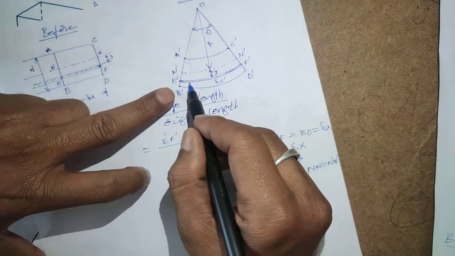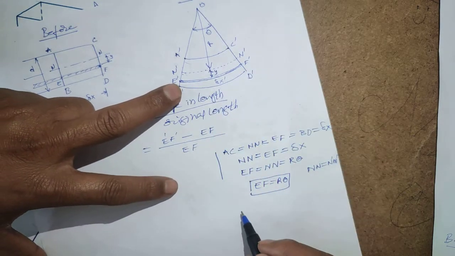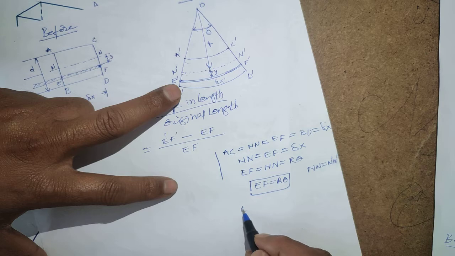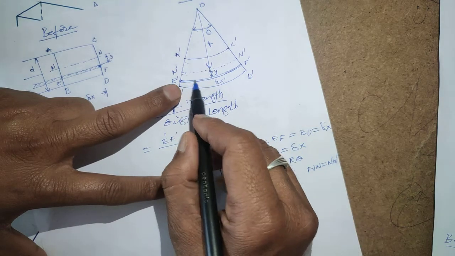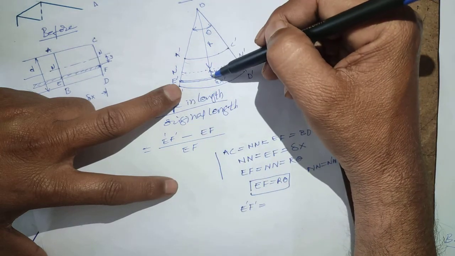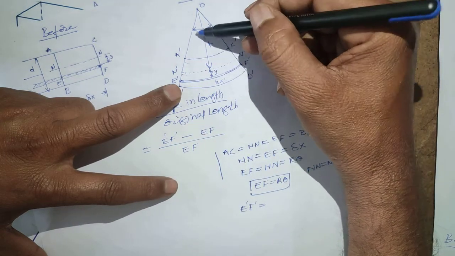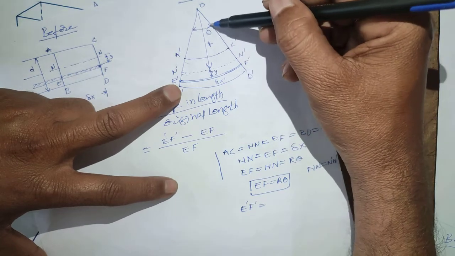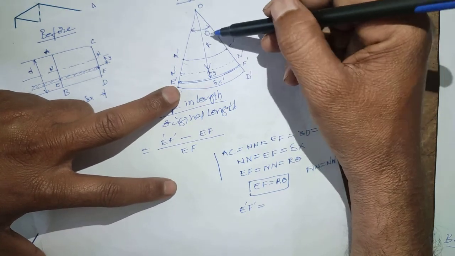Then come to this after elongation. What is E dash F dash? E dash F dash is the new length. So take the radius of curvature as R plus Y, with the same angle of curvature theta.